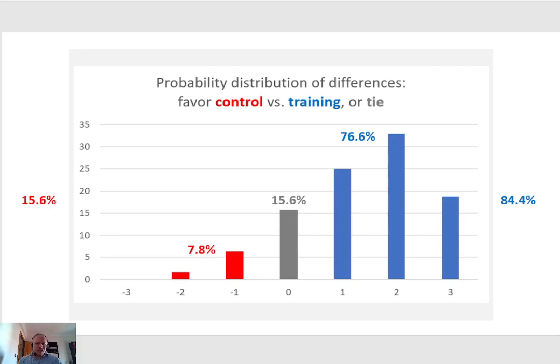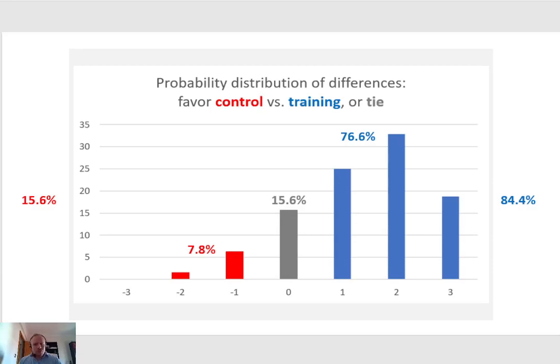Note that the 84.4% is a bit higher than the 81.3% we get via PAND, the first solution that I presented, and this is because in the second solution, the Brunner-Munzel test, all ordinal information in the 1, 2, 3, 4 rating system is used, whereas PAND only looks at overlap versus non-overlap and therefore does not use all of the ordinal information.